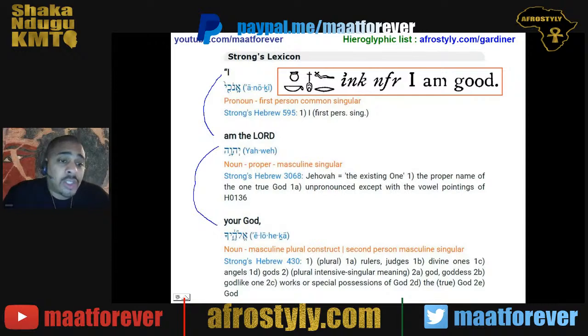Those who take the classes know about the K sound, the basket with the handle, which stands as a suffix pronoun. And guess which suffix pronoun it is? In Arabic, it's the same. You know, to say your, something that belongs to you, you will have the K sound at the end.